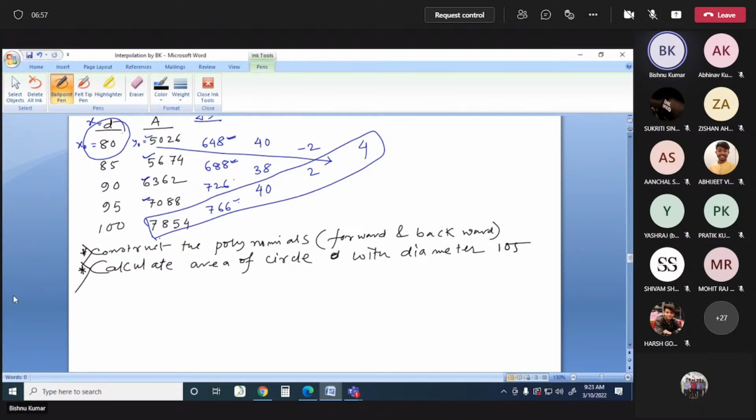So for the second question, calculate the area of a circle with diameter 105. Then you just tell me which constructed polynomial you will adopt or consider. Newton forward interpolated polynomial, or backward interpolated polynomial?